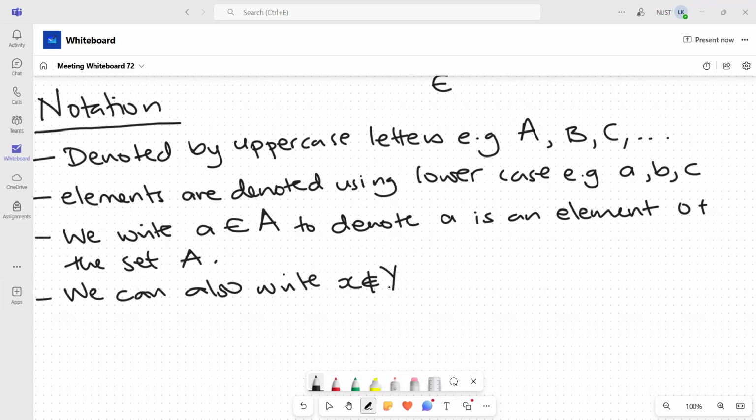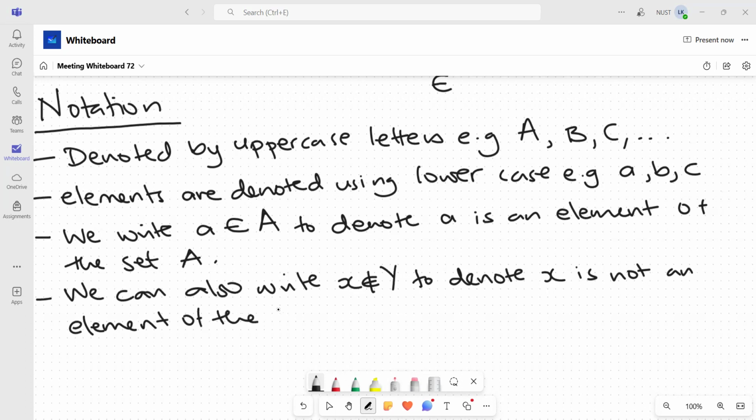So we write x is not an element of Y to denote that x is not an element of the set Y. So these are just some of the notations.